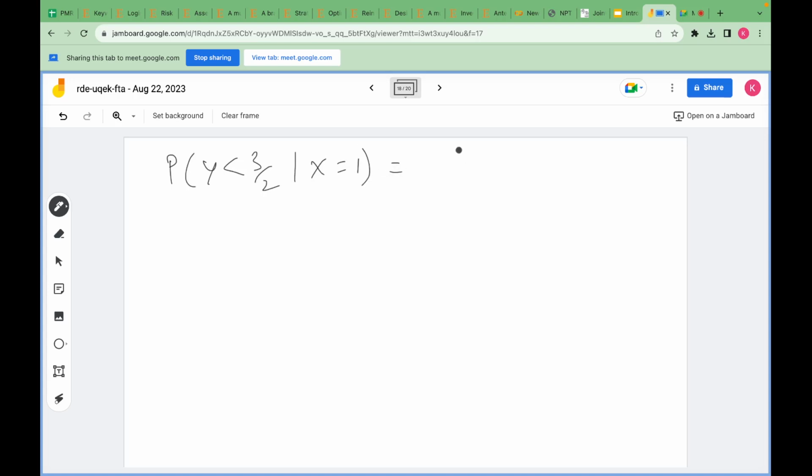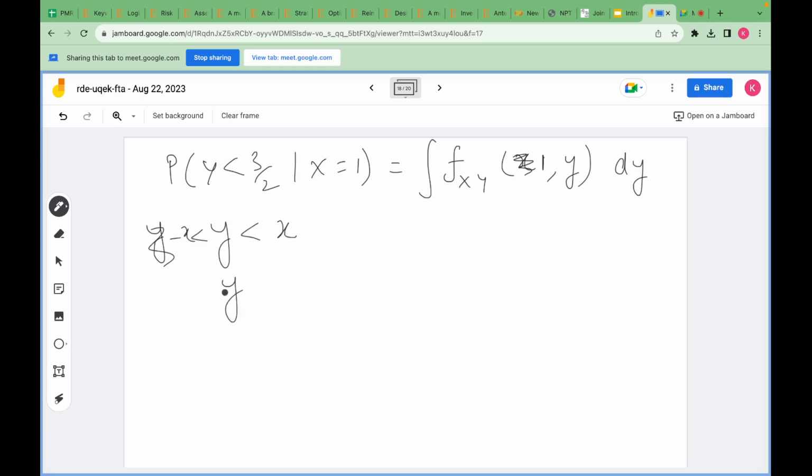So this is nothing but f of x, y. So instead of x I will write 1 comma y, dy, where y varies from... it is given that y is less than 3 by 2, but we also know that y varies from minus x to x. So x is equal to 1, so y varies from minus 1 to 1. So here we need to find y less than 3 by 2.